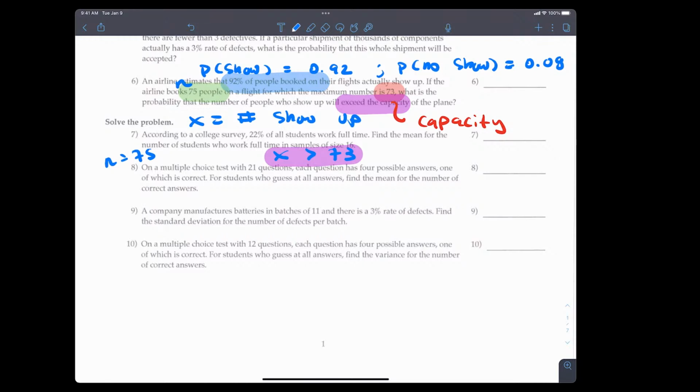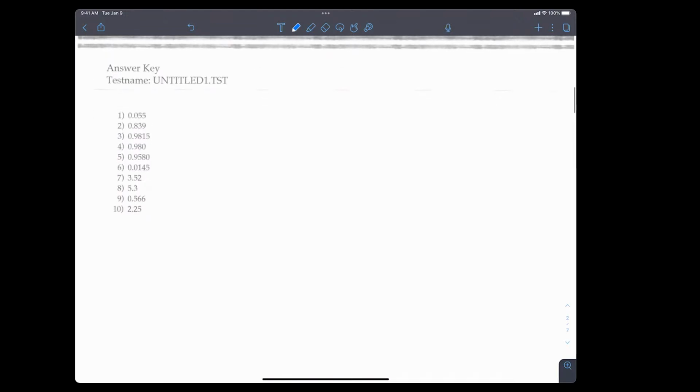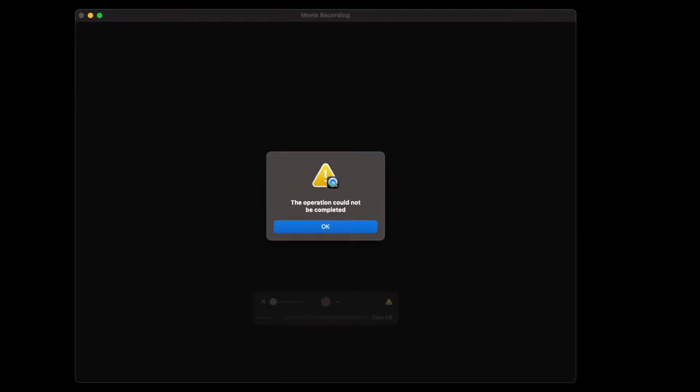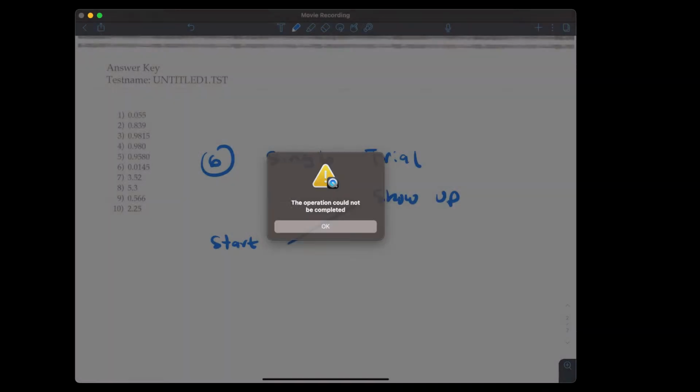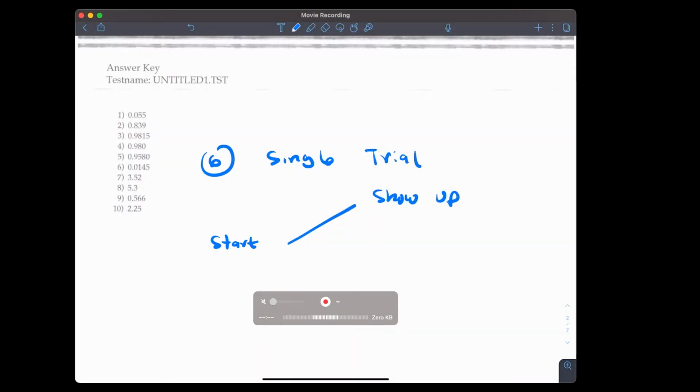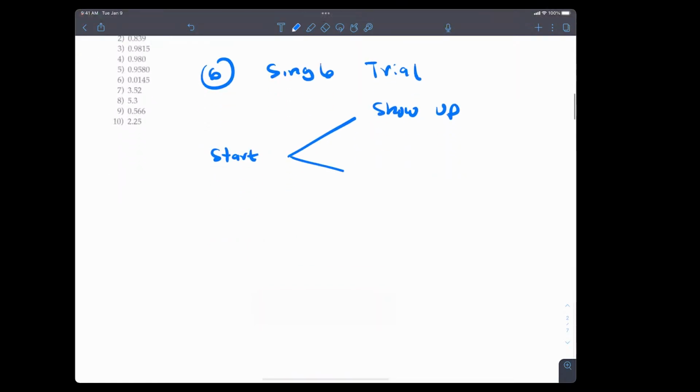So it's a binomial. Now, I'm going to do it down here, maybe for number 6, close by. Let's think about this in terms of a single trial. What does this all mean again? You either show up or you're a no-show.